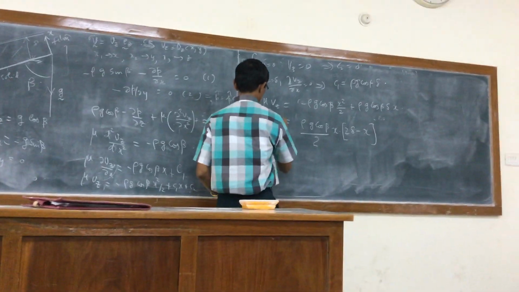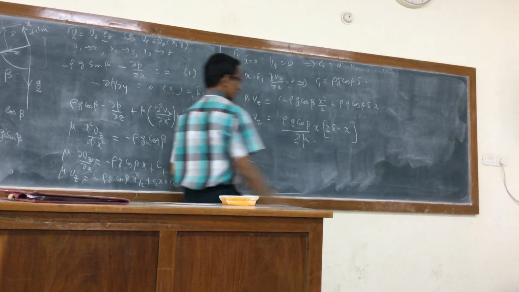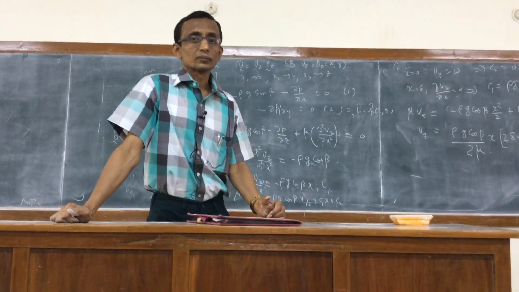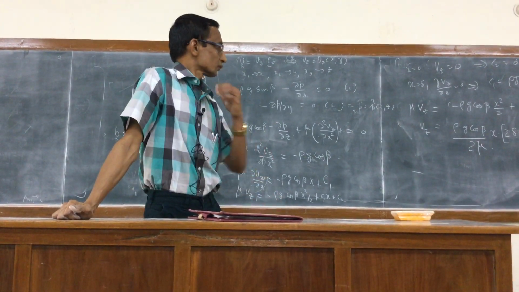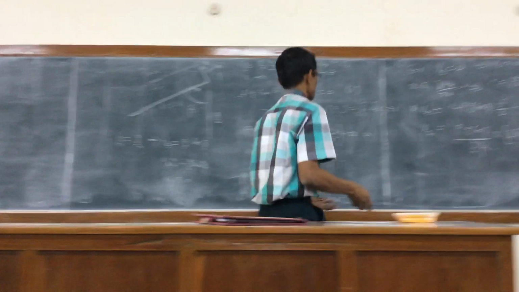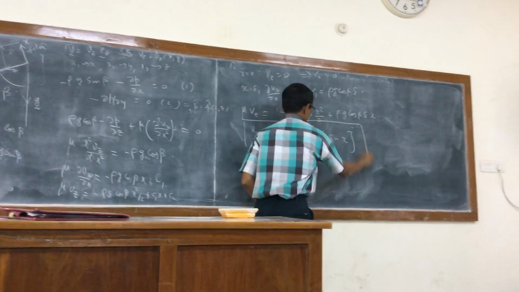Vz itself can be written like this. So this is the final solution. We've got the pressure, I've already written it. So this completes the problem.